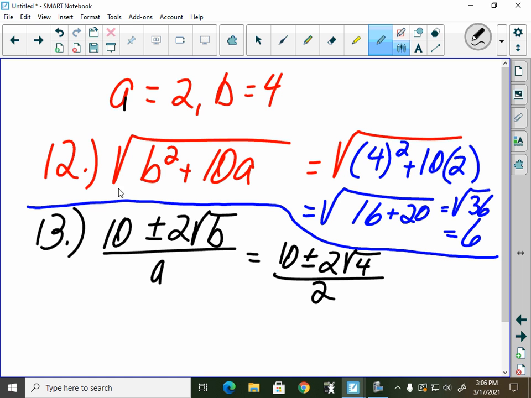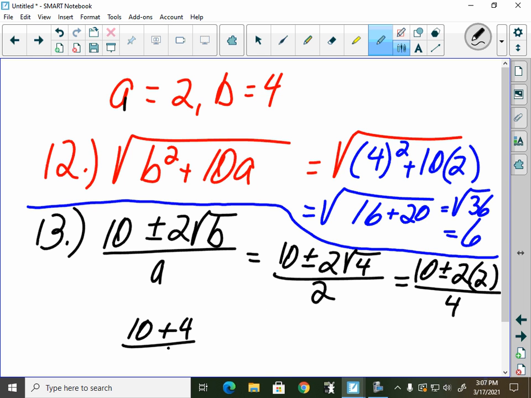Okay, so then that's going to be 10 plus or minus 2. What's the square root of 4? Did you say 2? So did I. Divided by 2. So then that's going to be 10 plus 4 divided by 4, comma, 10 minus 4 divided by 4.